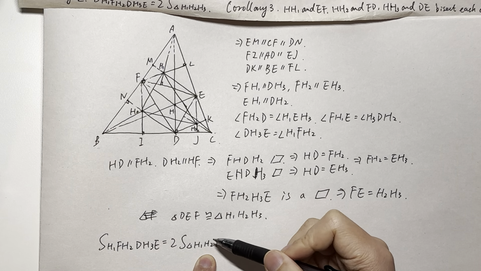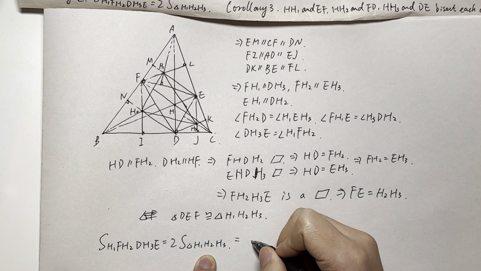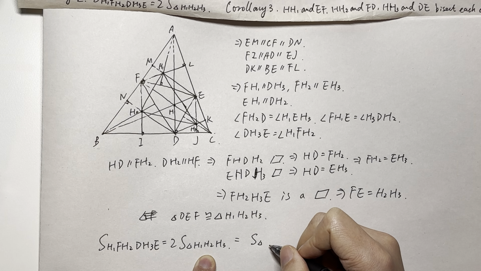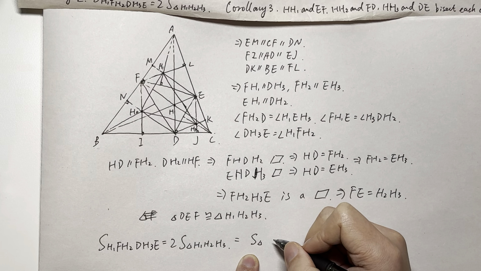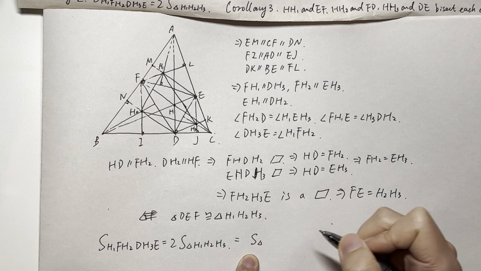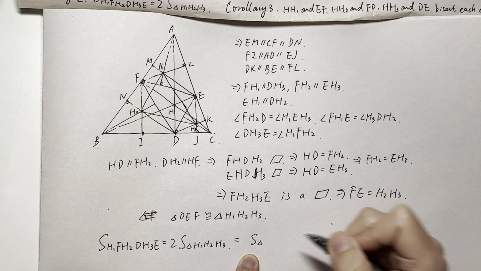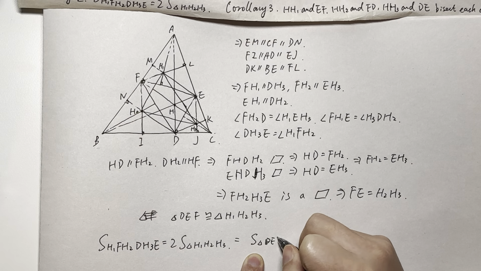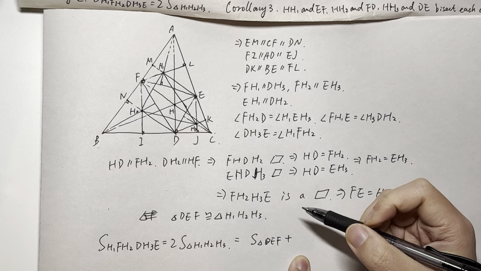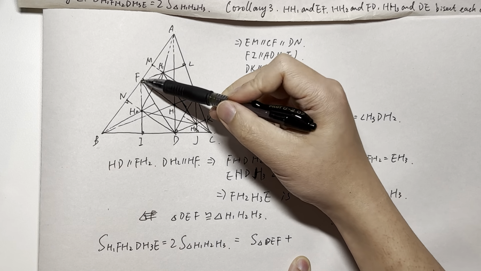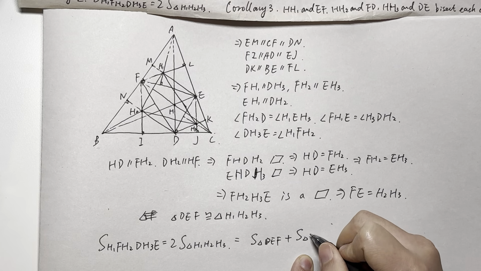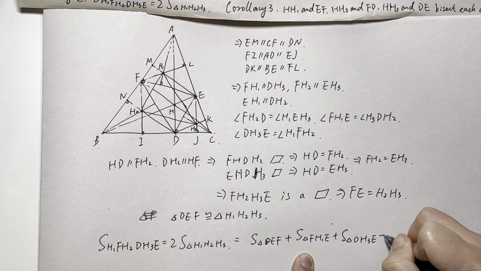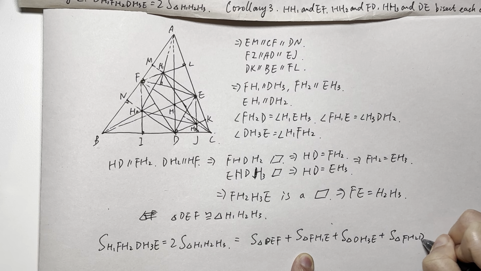So the area of triangle H1H2H3 equals the area of triangle DEF plus the area of triangle FH1E plus the area of triangle DH3E plus the area of triangle FH2D.